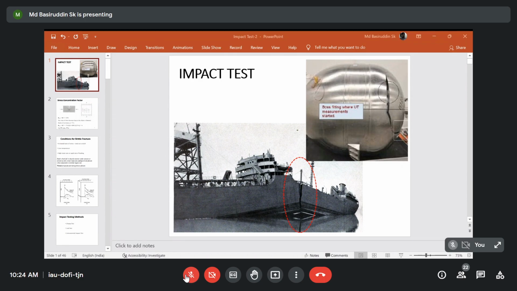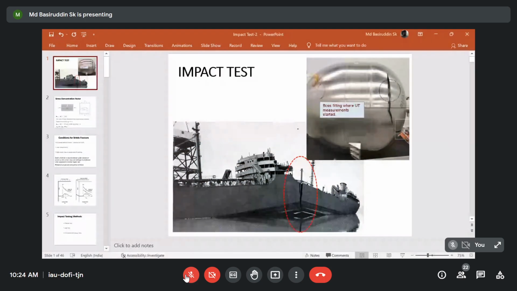Here you can see that the fracture of the ship has happened. But people at that period of time were unable to find out the factor. Gradually people thought about the environment at that time in the Second World War, when this kind of incident happened: the environment and the load that impacted on the ship.